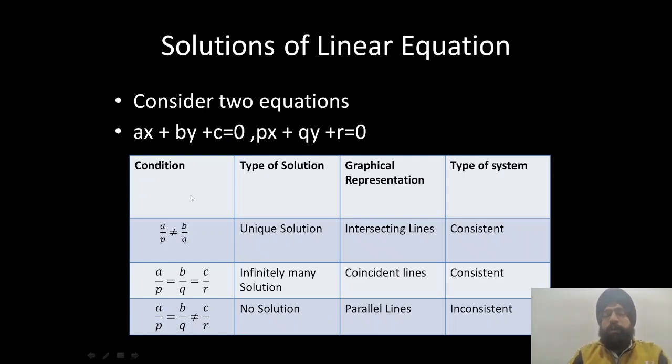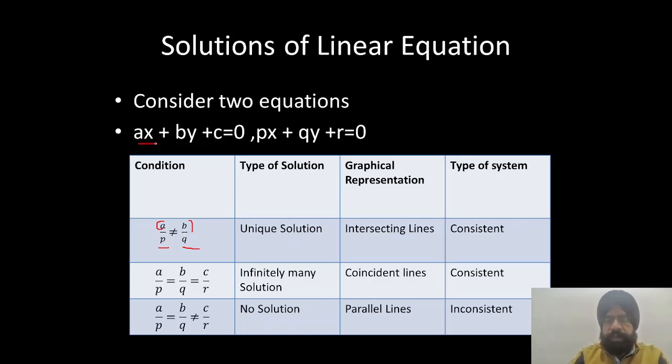Next, now we should know about the solutions of the linear equation. This is the most important criterion. See this: a, b, p, q are the constants.